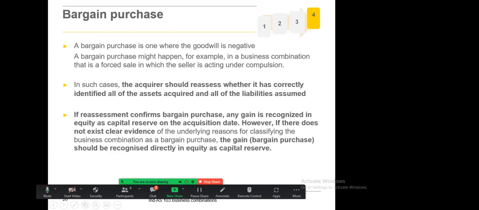This is what I was talking about: in the old accounting standard, instead of bargain purchase, we used to call it capital reserve. But in Ind AS, we call it bargain purchase gain, though it is directly recognized under equity as capital reserve. So if you ask how this will be presented in your balance sheet, it will directly go to your equity under capital reserve.